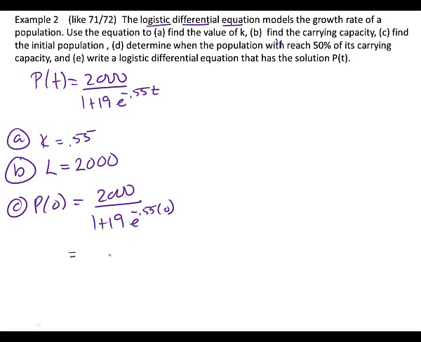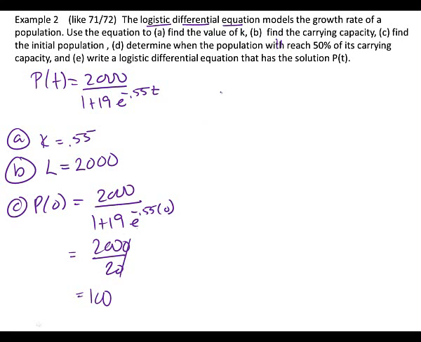Anything to the 0 power is 1. So I've got 2000 over 20. What does that reduce to? 100 is our initial population, because 20 into 2000 is 100. All right, are we all with me on C?